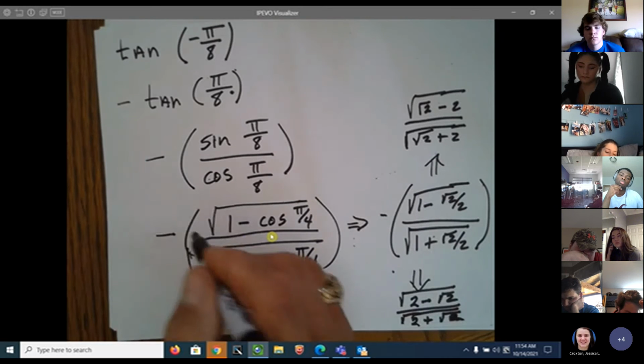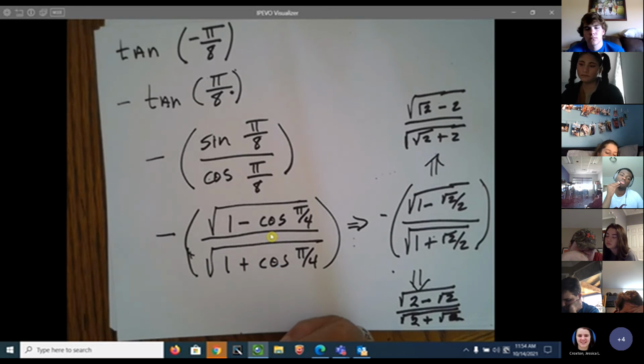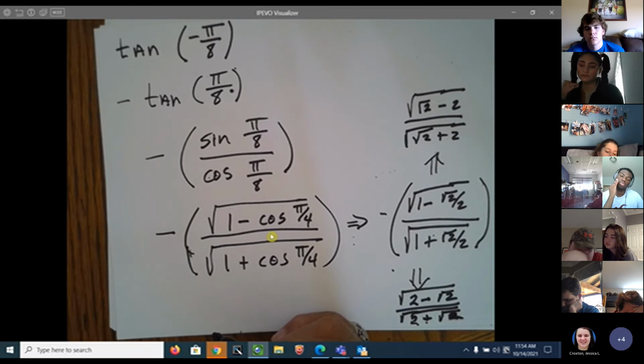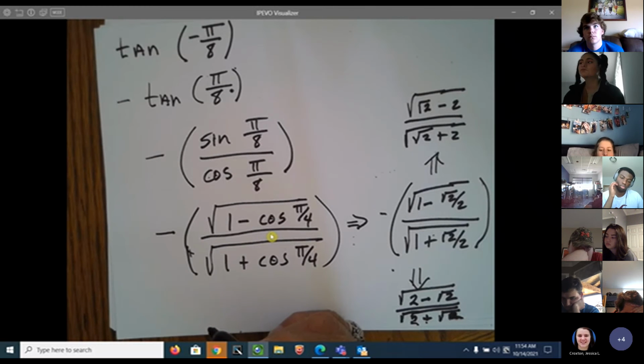And I forgot, that's the square root. Don't forget, you got to take the square root of that. So this is messy.